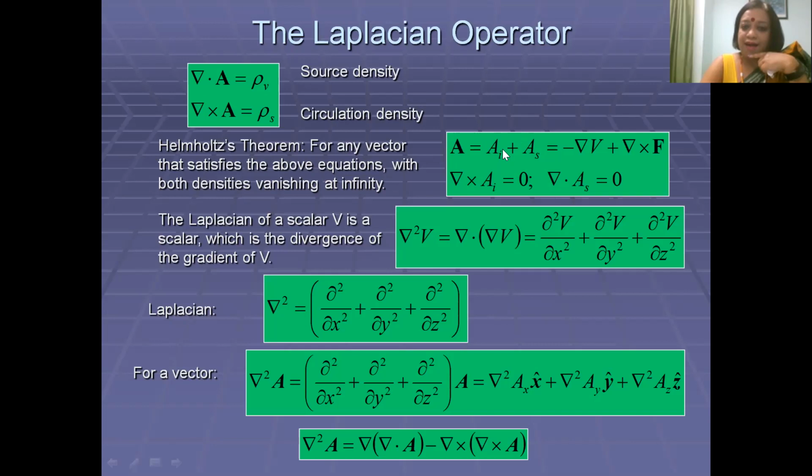AI is the irrotational part, and AS is the solenoidal part.